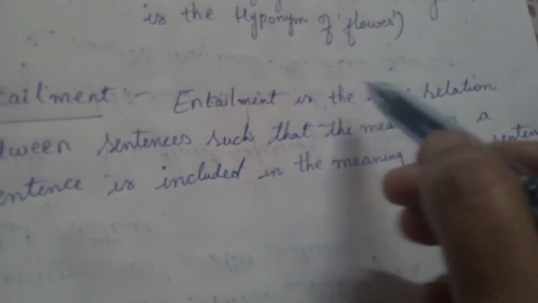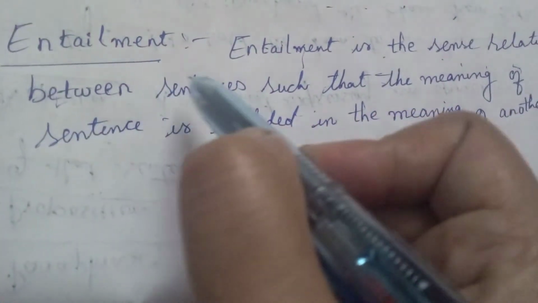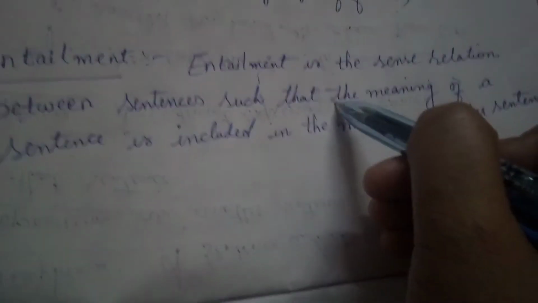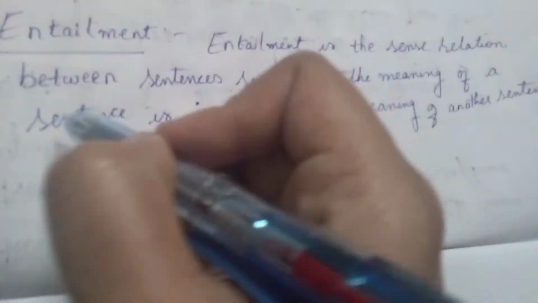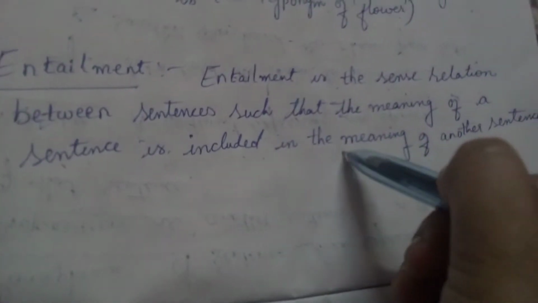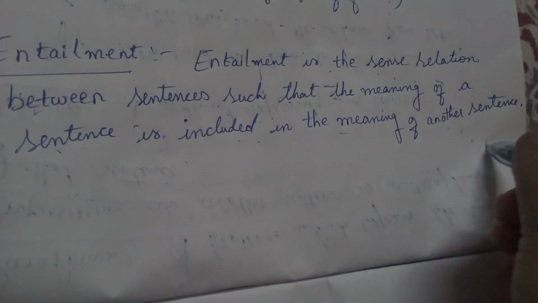Okay, entailment is the sense relation between sentences such that the meaning of a sentence is included in the meaning of another sentence.